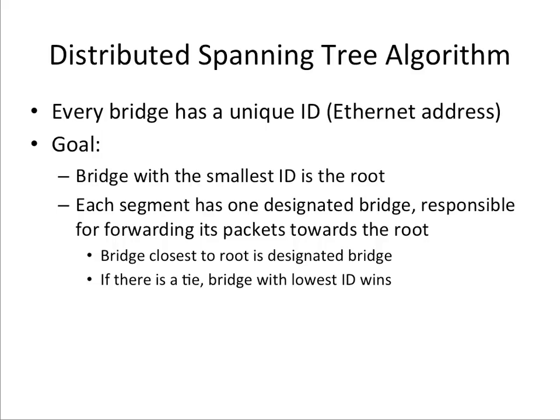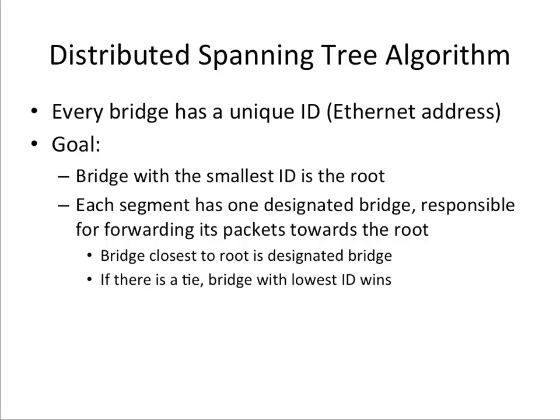It's an arbitrary decision. You could say the bridge with the largest ID is the root. That'd be perfectly fine. But the strategy has to result in a unique bridge. That's the key requirement, not the smallest ID. Of course, that's the convention that we use, not just in this protocol, but in many other network protocols that we might design.